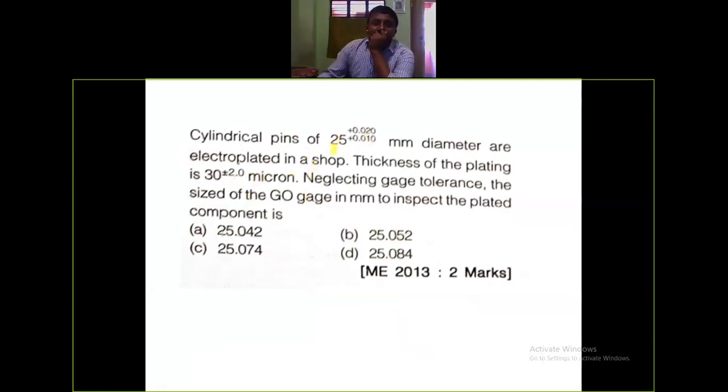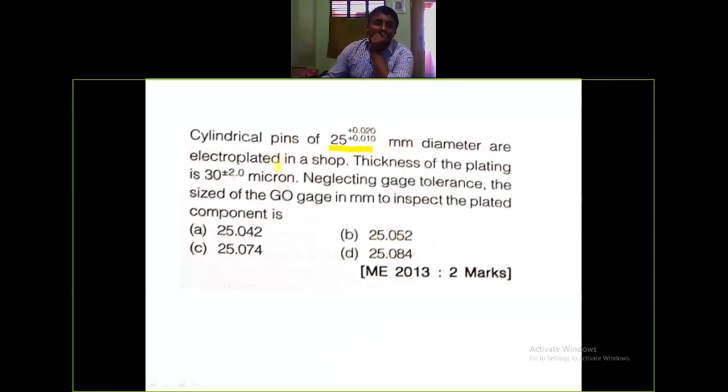Again, one question is on the limit, fit and tolerance chapter. Cylindrical pin dimension is given as 25, upper limit is plus 0.020 and lower limit is 0.10.